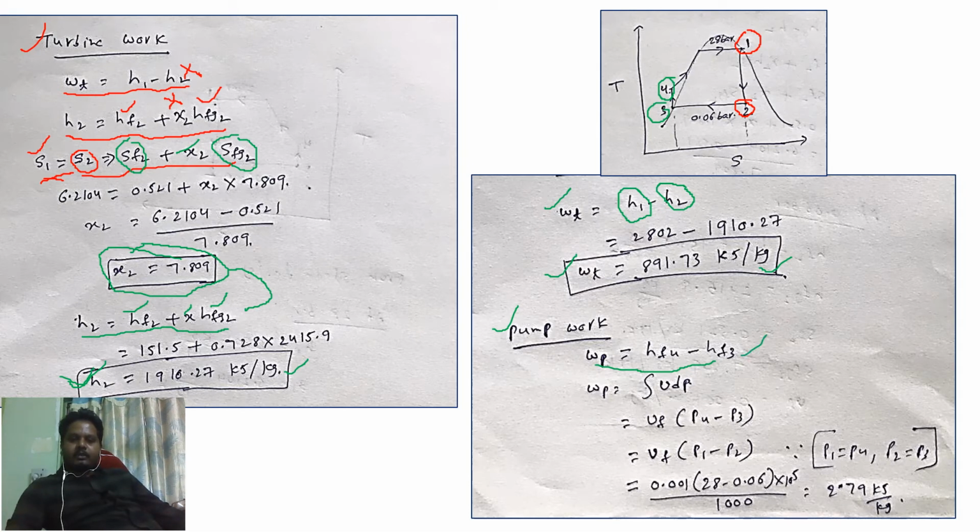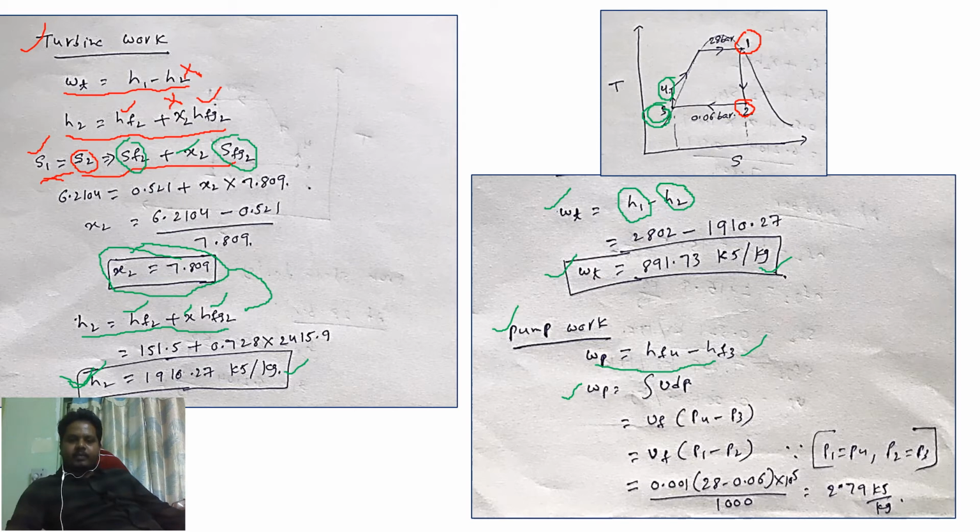But we know that work done on the pump equals the integral VdP, for a constant volume process. So we can write this as Vf into P4 minus P3, because here the process is 3 to 4.